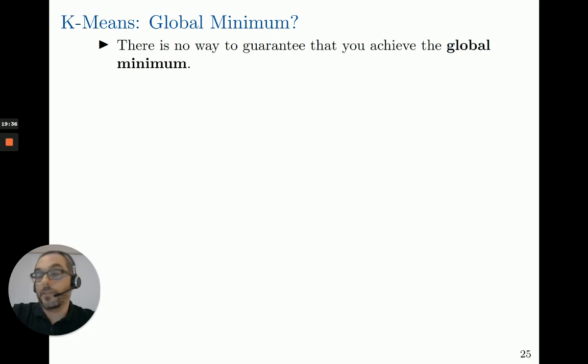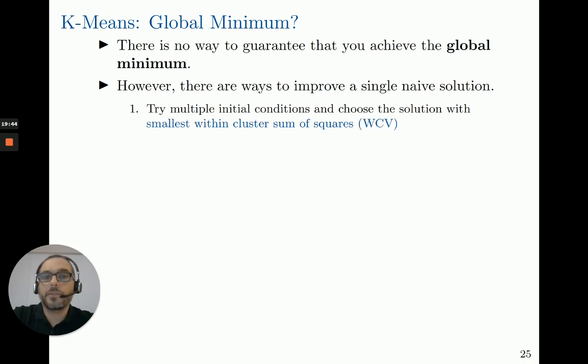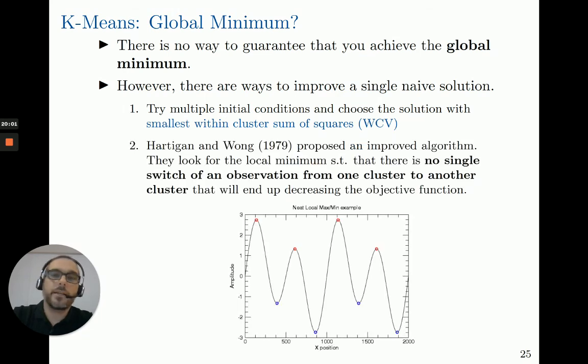So is it possible to find a global minimum? No, there's no guarantee, but we can improve the single naive solution. Try multiple initial solutions and choose the solution with the smallest within cluster sum of squares. Do this with parallel computing. It's pretty easy to implement. And a paper in 1979 proposed an improved algorithm.